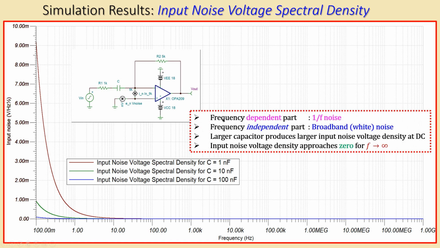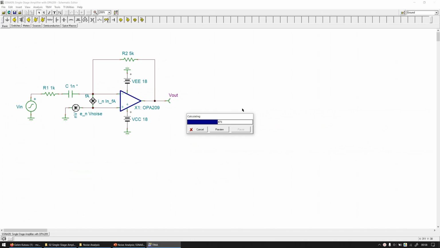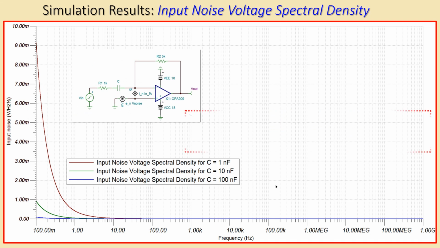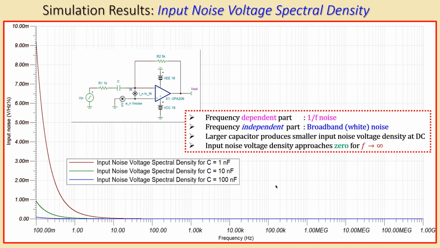So in summary, we have a frequency dependent part, which is the 1/f noise, and we also have a frequency independent part, which is the broadband noise region.